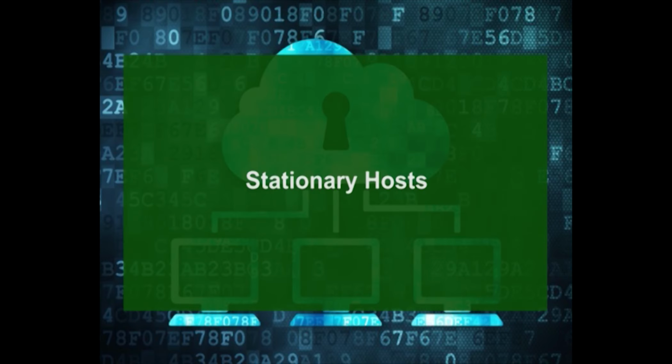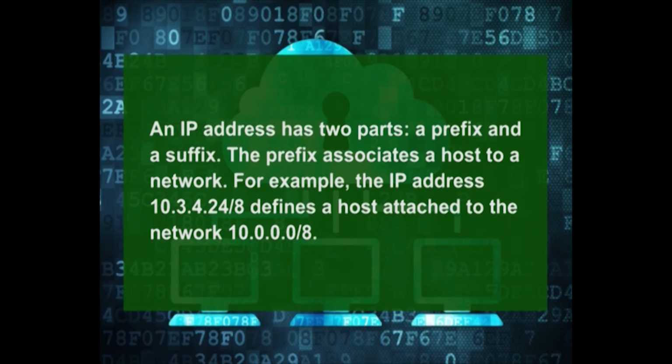Stationary hosts. The original IP addressing was based on the assumption that a host is stationary, attached to one specific network. A router uses an IP address to route an IP datagram. An IP address has two parts, a prefix and a suffix. The prefix associates a host to a network.